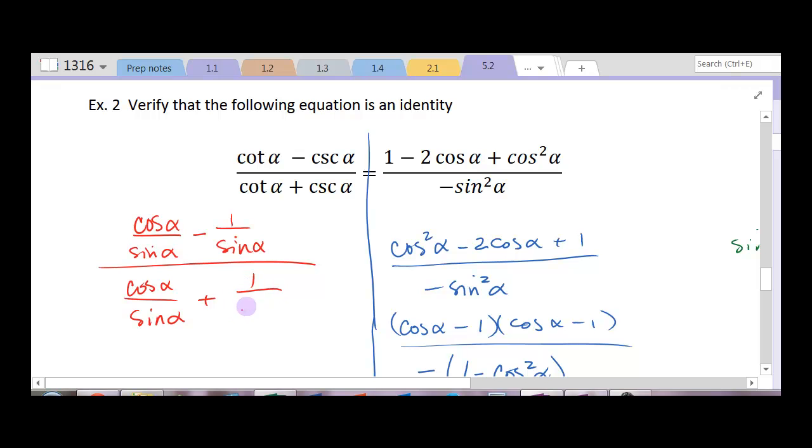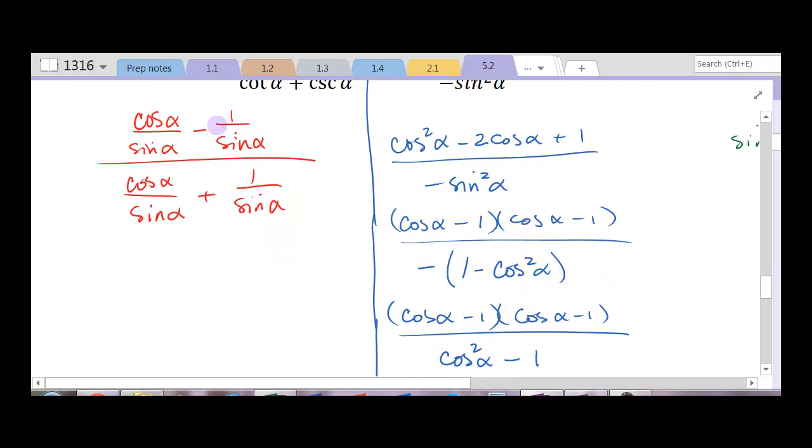plus 1 over sine. Now we know from combining fractions that I can rewrite the numerator and then again the denominator as a single fraction up here. So this looks like cosine alpha minus 1 all over sine divided by cosine alpha plus 1 over sine.